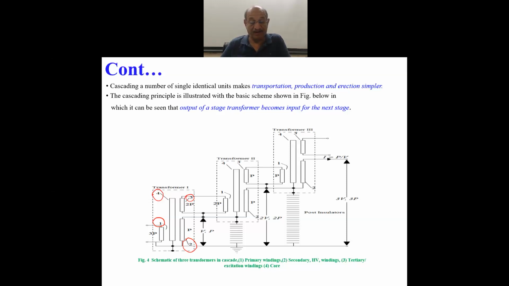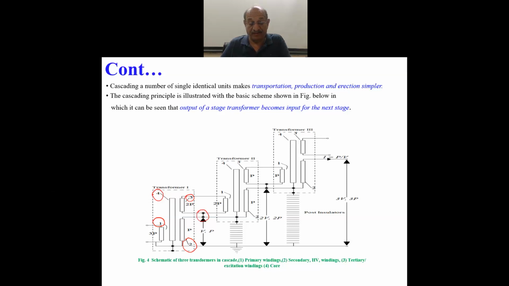Again, as you can see, the output of the first unit is shorted with the tertiary winding. That means the tertiary winding acquires the same potential as the output of the first unit, which becomes the primary of the second stage.